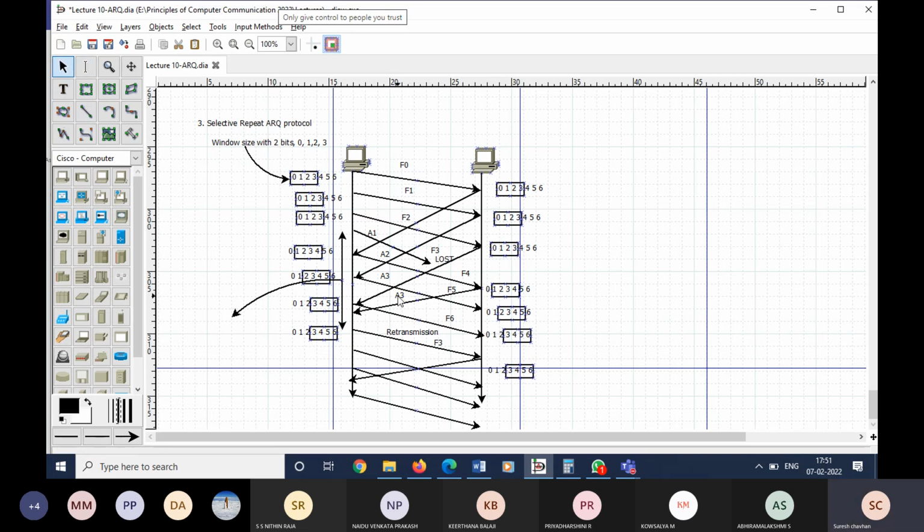That's the reason we say that in the Selective Repeat ARQ protocol, only the selected frame will be retransmitted, not all, right? So A3 will be there and F3 will come. Then from here onwards, again it will start F7, F8, F9, like that.